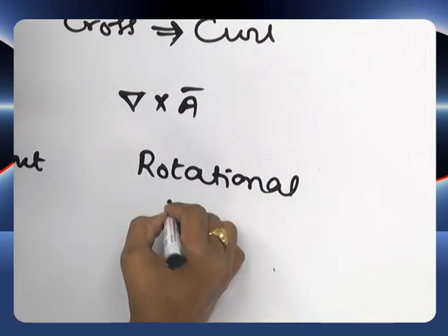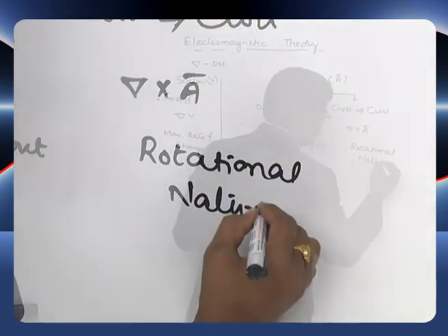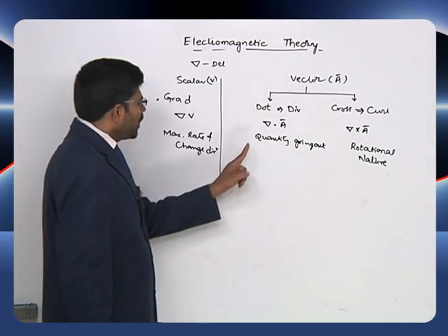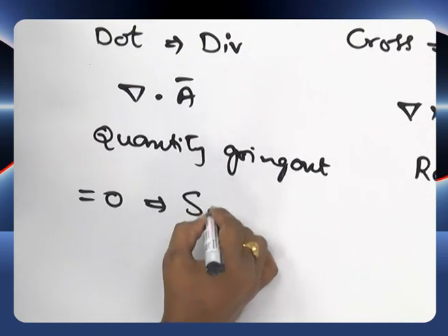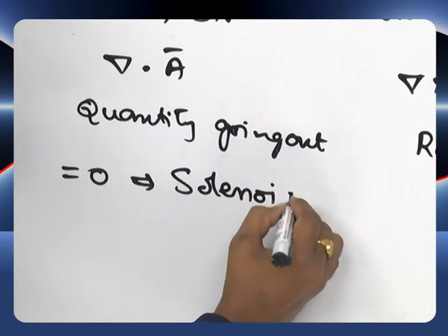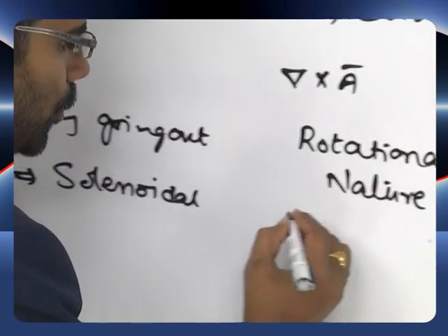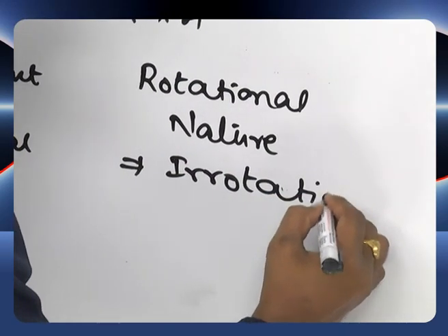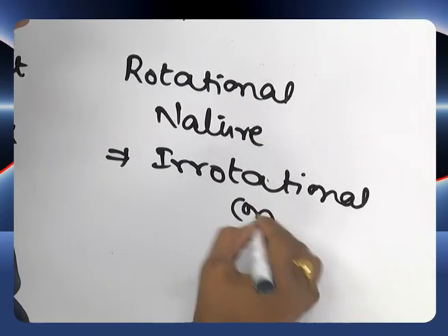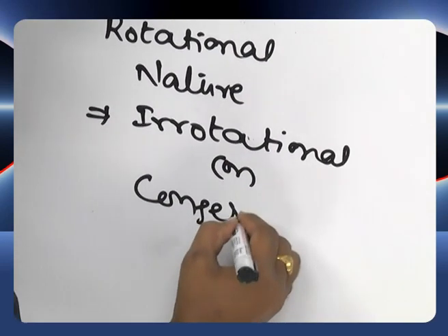Right. If divergence is equal to 0, it is called solenoidal, and if curl is equal to 0, it is called irrotational or conservative.